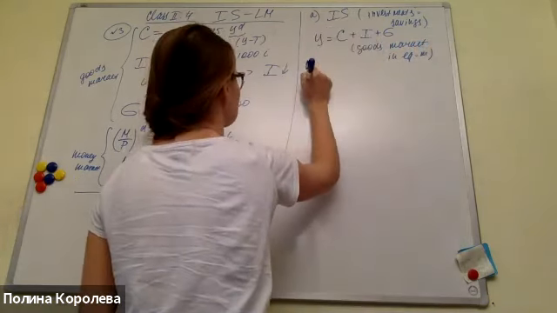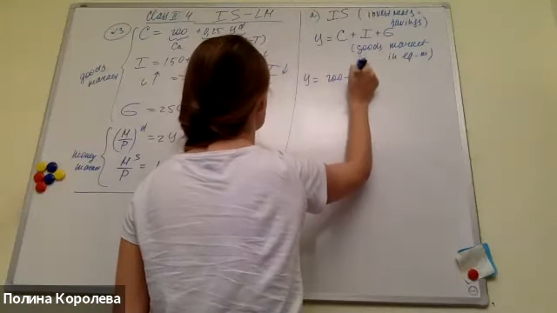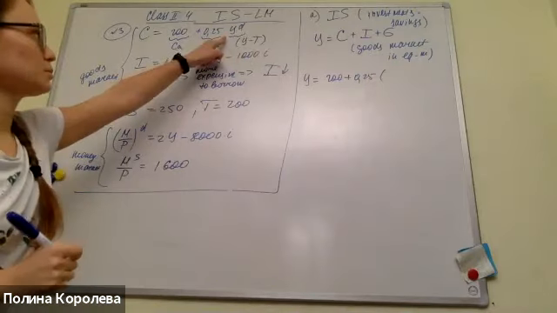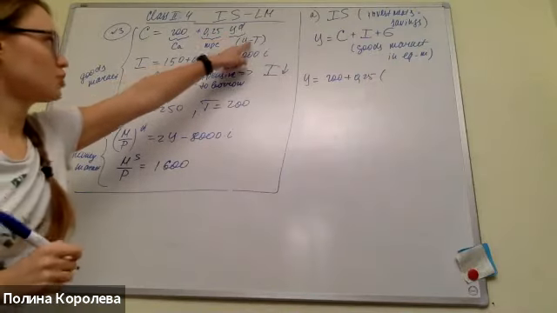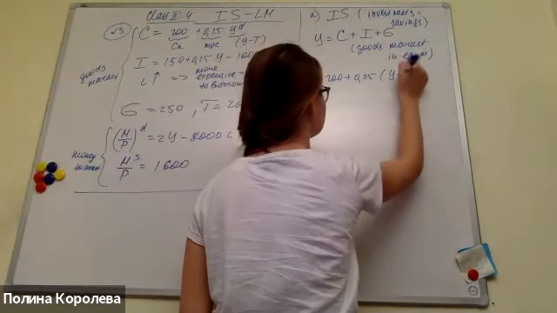So let's put everything. Y equals consumption, 200 plus 0.25 multiplied by disposable income, which is GDP minus taxes. Taxes equal 200.